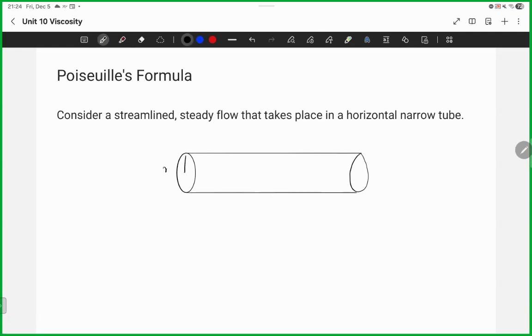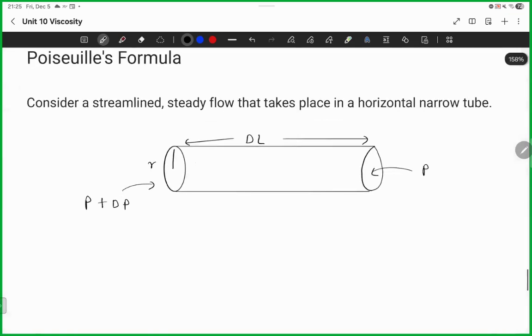Let's say the radius of the tube is simply r. And I'm considering a length of delta L. And here I'm saying the pressure is P plus delta P. Here the pressure is P. So the pressure difference is then delta P.